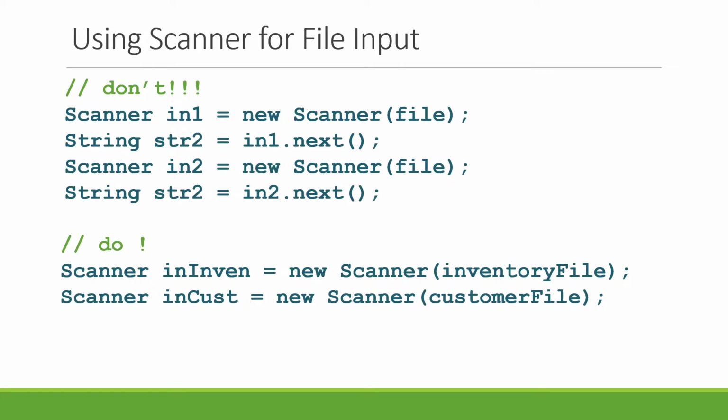You've experienced these before. I'll create one scanner for nextLine method calls, and then I'll create a second scanner for everything else. So that's one way to get around that problem. But other than that, you would definitely need a scanner for each file you want to work with. Then you want to be careful of how many scanners you actually create in a program.